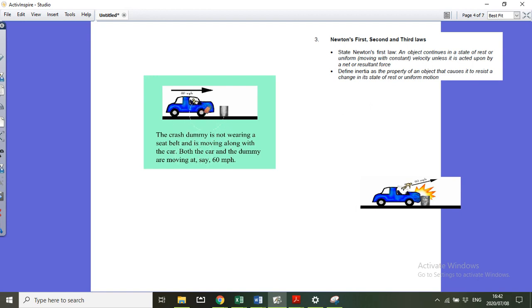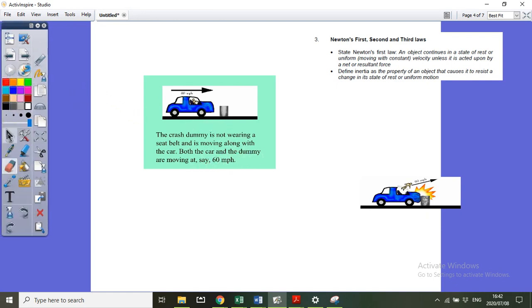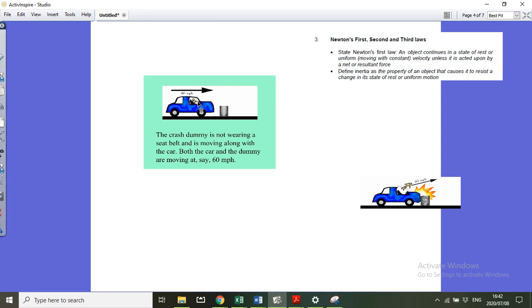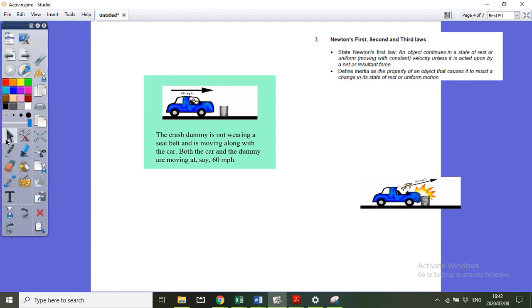So it's free to move if it could. Now they're traveling at 60 miles per hour. It's obviously an American example, but they're traveling. So that means the car, as well as the dummy, is moving at 60 miles per hour in a forward direction.